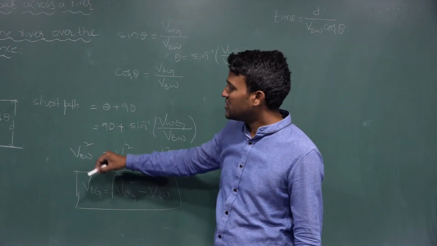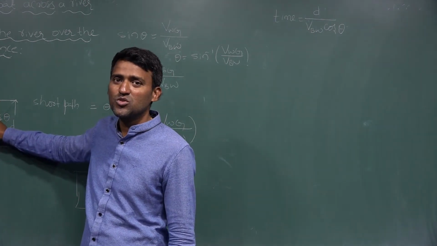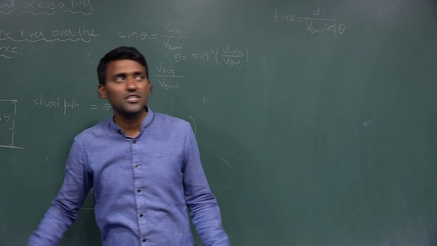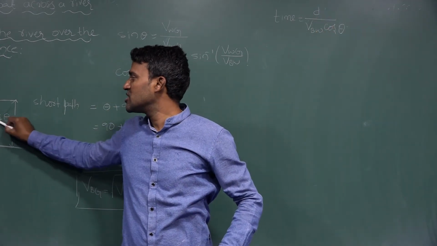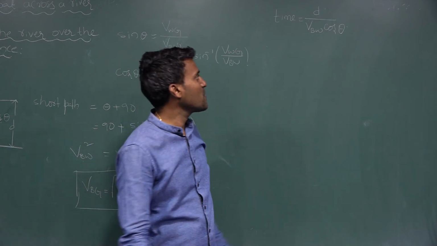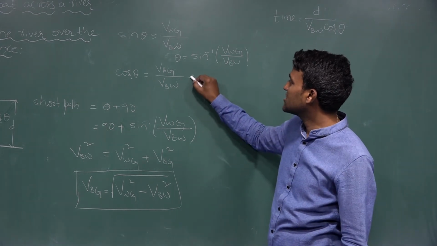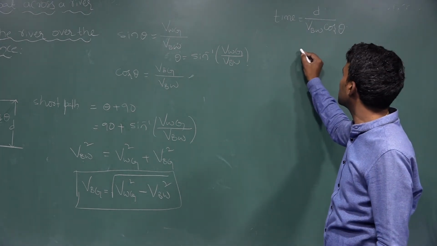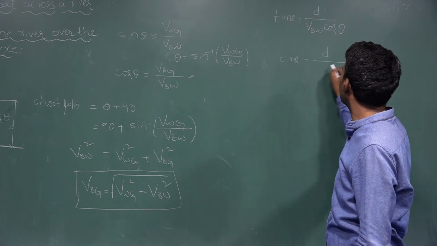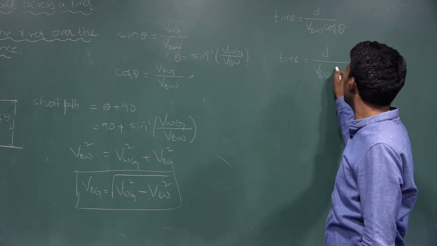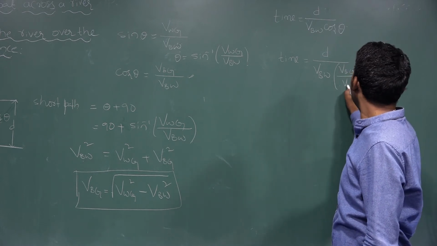So here, the time taken along this direction to cross the width of the river is nothing but distance divided by velocity. Here velocity is VBW cos theta. And we know very well what cos theta is equal to. If we substitute in this equation, time is equal to distance d divided by VBW, and that is VBG divided by VBW.